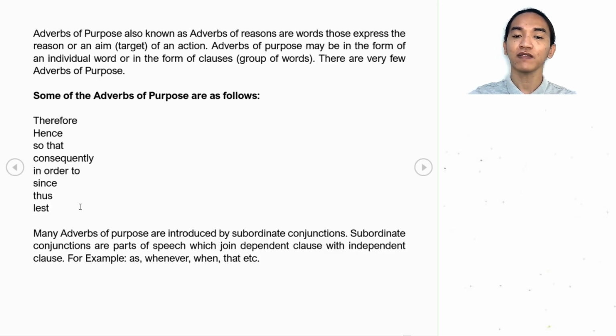So many adverbs of purpose are introduced by subordinate conjunctions, which are part of speech which join a dependent clause with an independent clause. Okay? For example, we also have as, whenever, when, that, and so on. Okay?